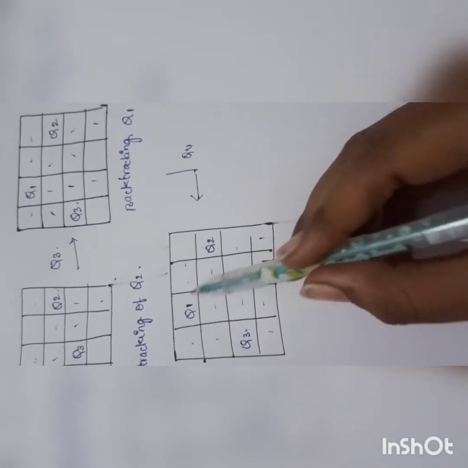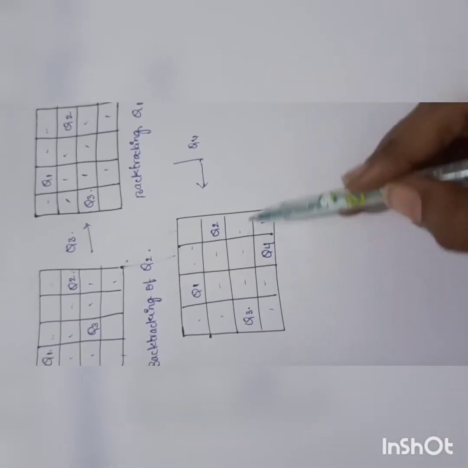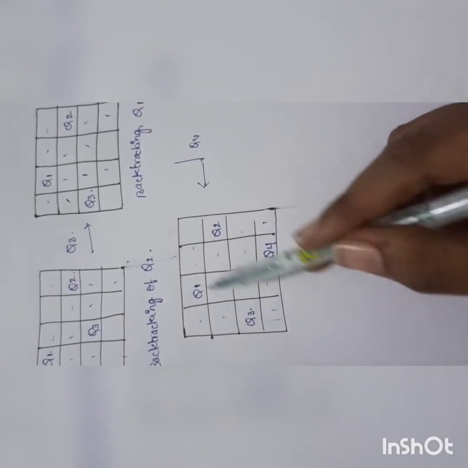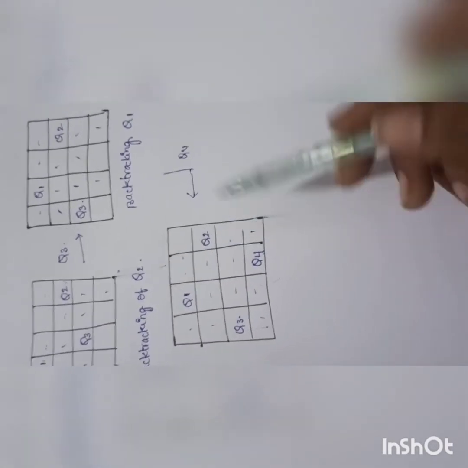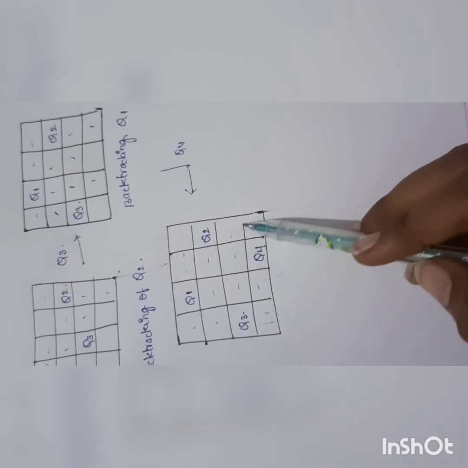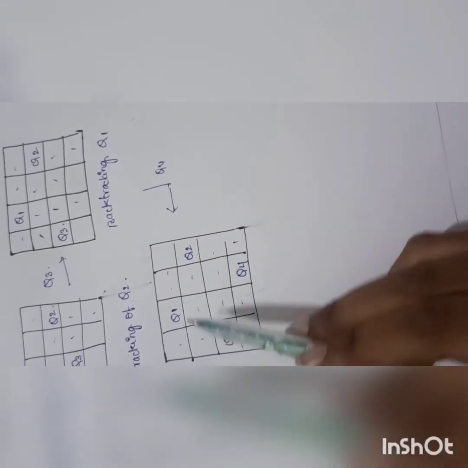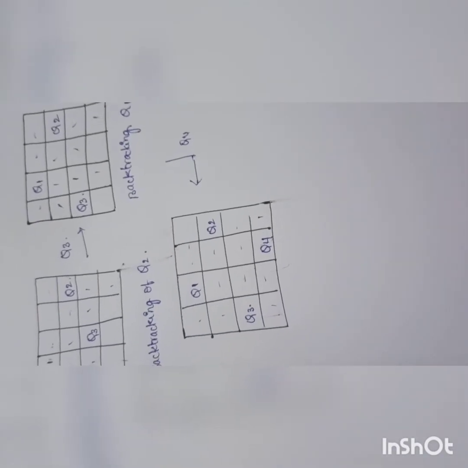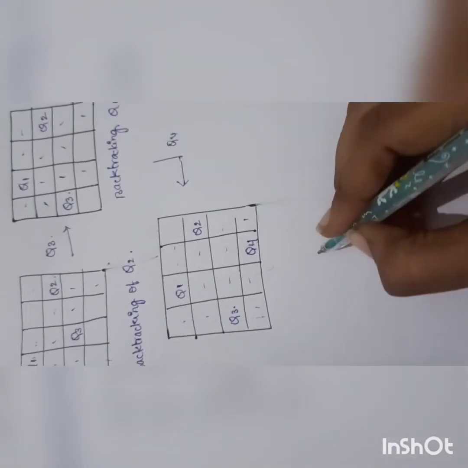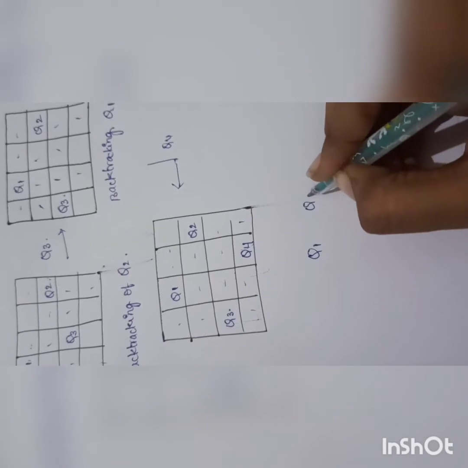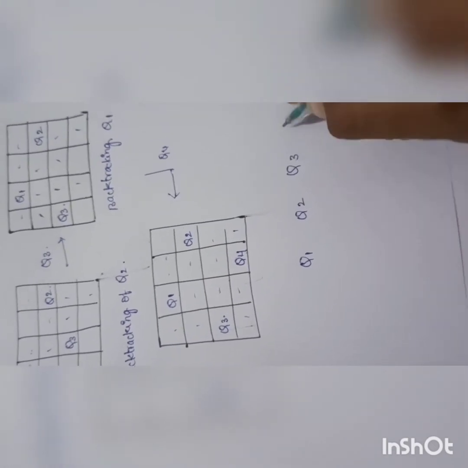Here no 2 queens are in the same row and no 2 queens are in the same column, and no 2 queens are in the same diagonal. We can observe that. And the solution for this is queen 1, queen 2, queen 3, queen 4.